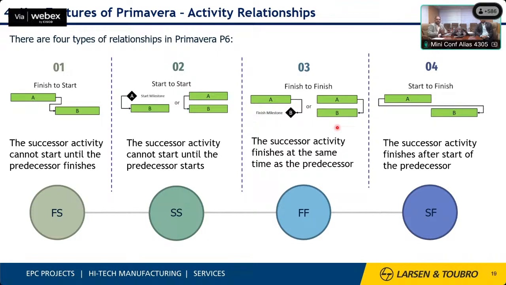Finish to finish means once one activity finishes, the other also finishes. But start to finish is a relationship normally used for some procurement pre-working activities. In the program, we usually avoid using it because it's a hypothetical kind of relationship.